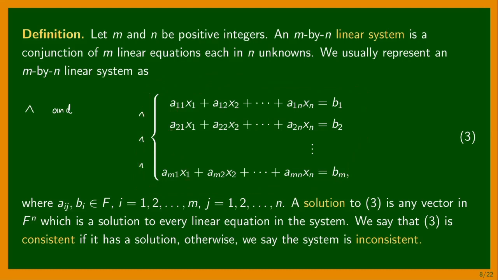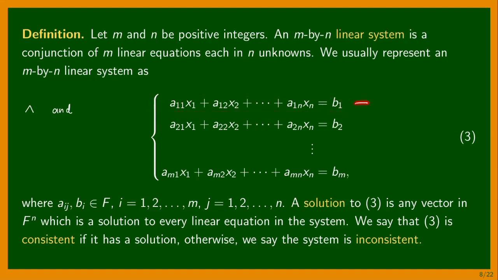We usually represent an m by n linear system in this way. Notice that in the coefficients of the unknowns, I am using two subscripts as a convenient notation. Why? Because here, the first subscript represents the order, or in what equation that is a coefficient.